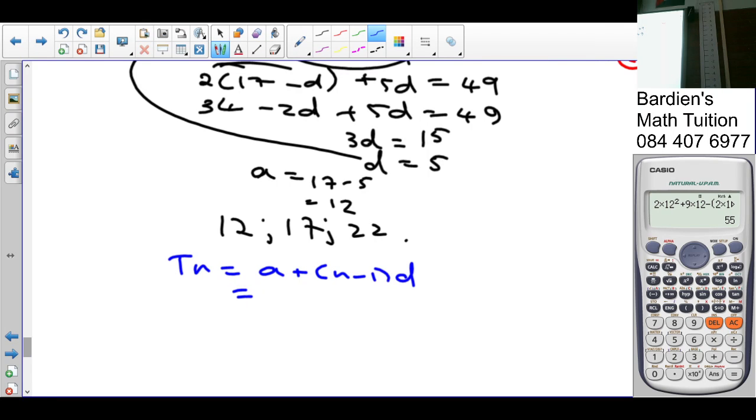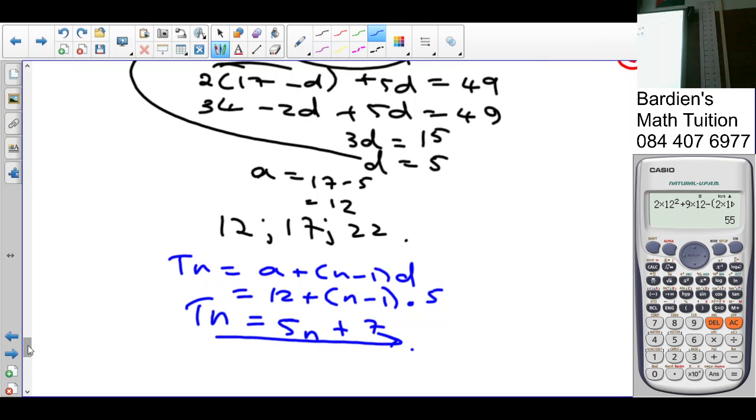What's your A value? 12 plus (n minus 1) times 5. So it will be 5n plus 7. Okay, any confusion here? No confusion. Okay.